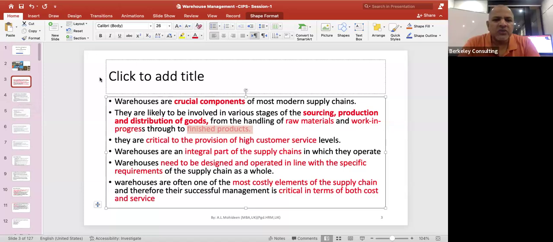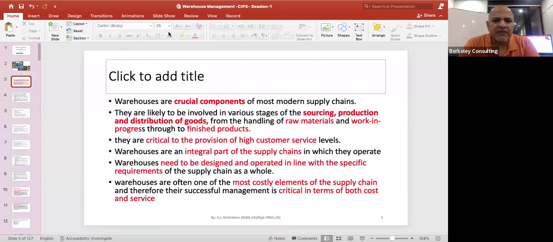In the warehouse, another thing that we have to understand is customer service levels, the provision of customer service level according to supply and demand. You know, the demand and supply. The quantity demanded by the customers has to be forecasted, so those items can be purchased and stored in the warehouse.